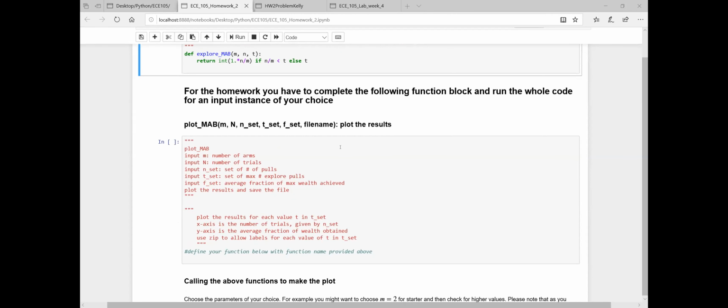So for the homework, we have to put in the number of arms, the number of trials, and... I'm still a little bit confused about the difference between n, the number of trials, the number of pulls, and the max explore pulls.